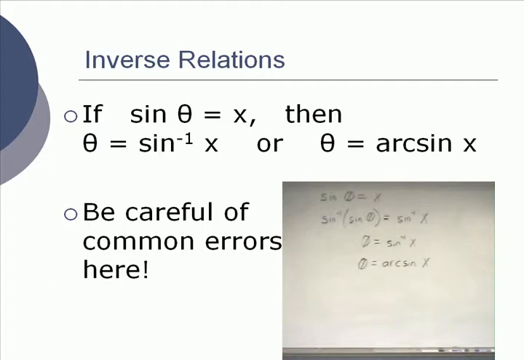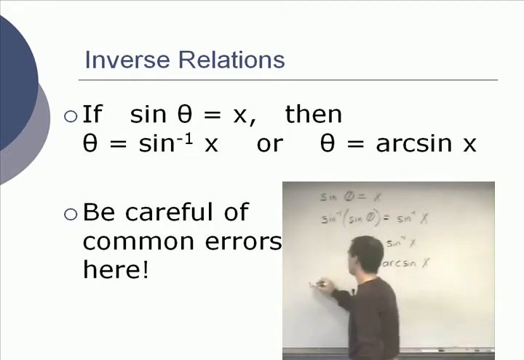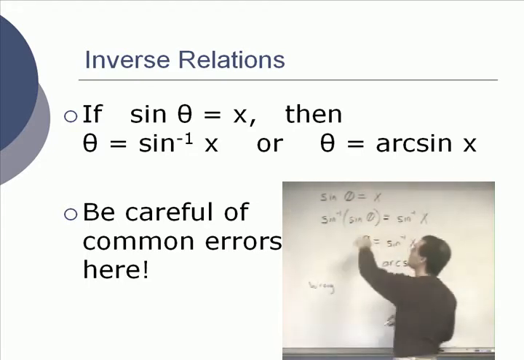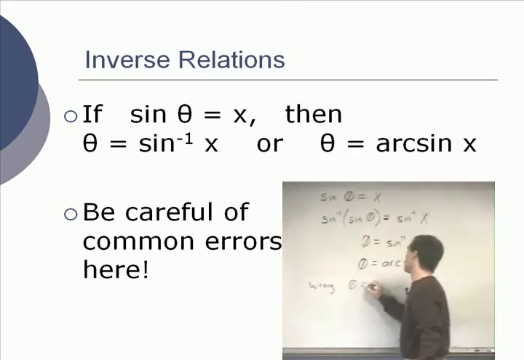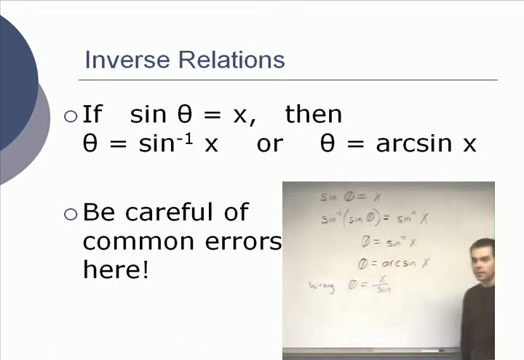Now, I put a note up here, be careful of common errors. There are 2 very common things that I see written that are mathematically not sound. We already discussed one of them. It's untrue to say that if sine of theta is equal to x, then theta equals x over sine. Because this has no meaning. It's just 3 letters. It has no mathematical meaning at all.